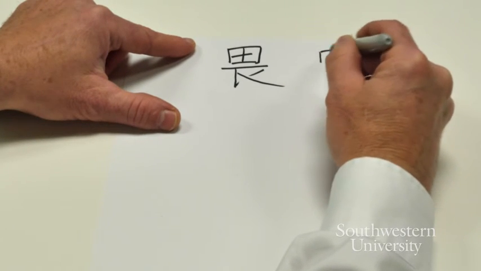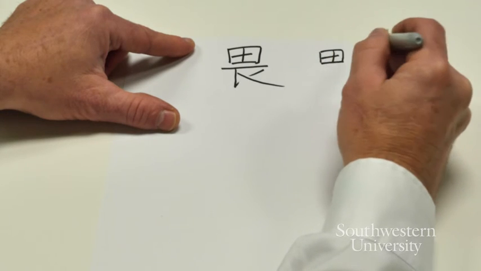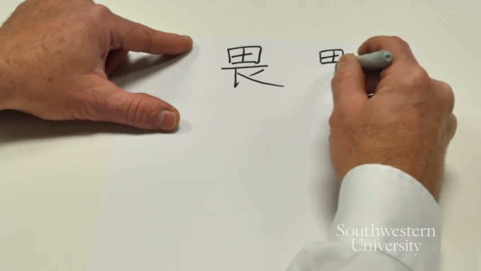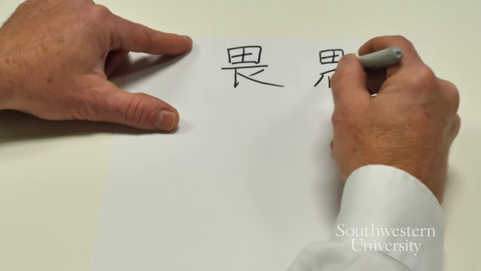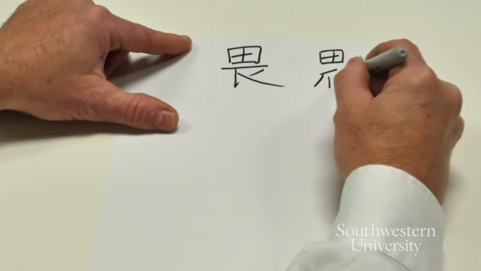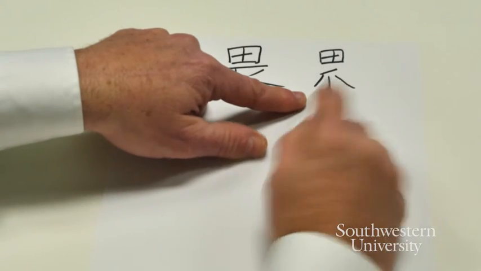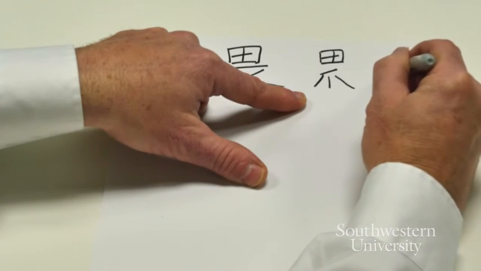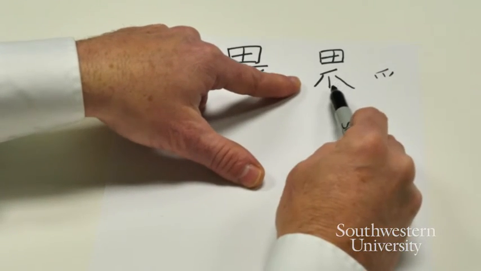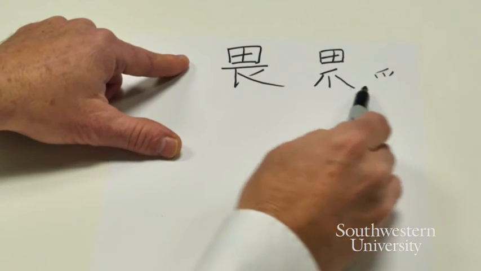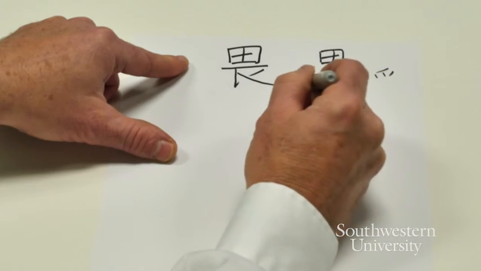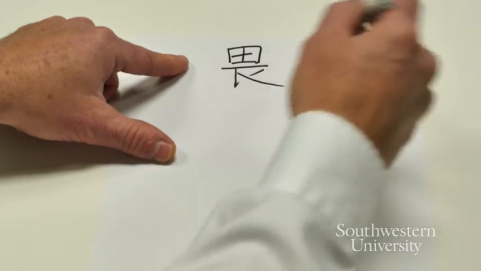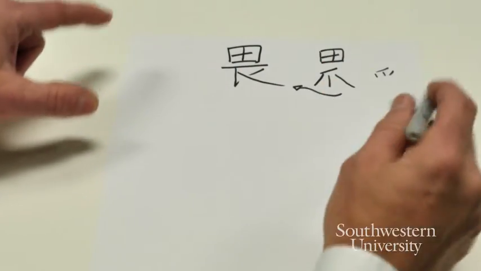This is usually tian, or field. And then the bottom part is zhua. This character is like this: the hand, this means claws, but it's turned to the side and then written like that. So it's a head with claws.